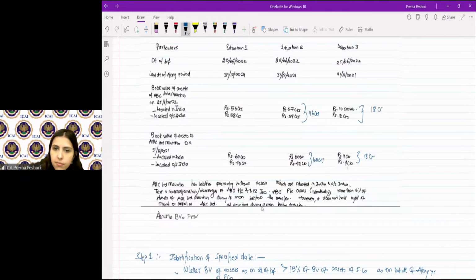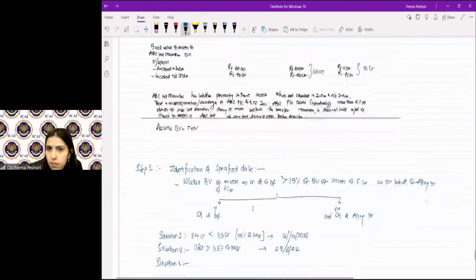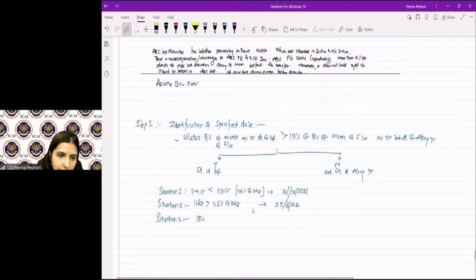Sorry, this is wrong. 11 crores plus 4 crores, this is 15 CR. So 15 CR into 115% is 17.25 CR. Right? So 18 CR is greater than 115% of 15 CR. So again, I will take here the date of transfer. Students, is this clear?